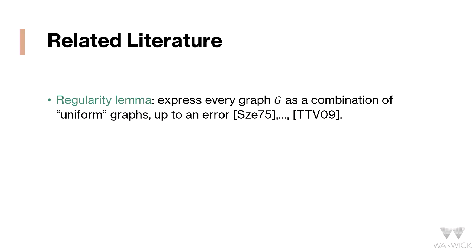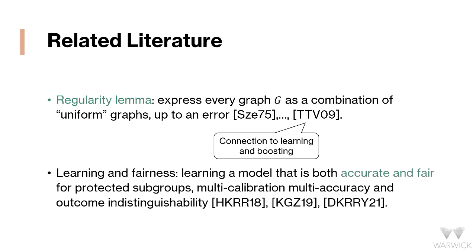Now, this is an inefficient process, but there has been subsequent work, one of them by Trevisan, Tulsiani, and Vadhan, that shows that this weaker version of the regularity lemma can be achieved efficiently. And we are going to use the regularity lemma in this case.